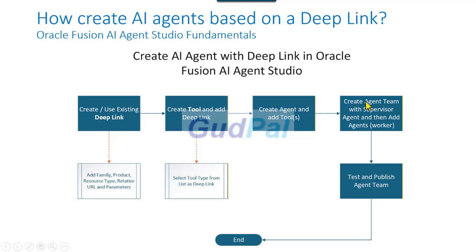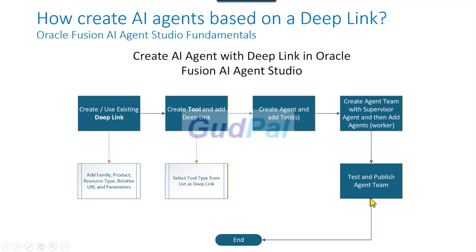So basically, the agent team will have two agents: the supervisor agent and the worker agent. The worker agent will have the tool, and the tool will have the details of the deep link. Once you have all that, the agent team is ready, and you can test it and publish it. And that's the end of it.